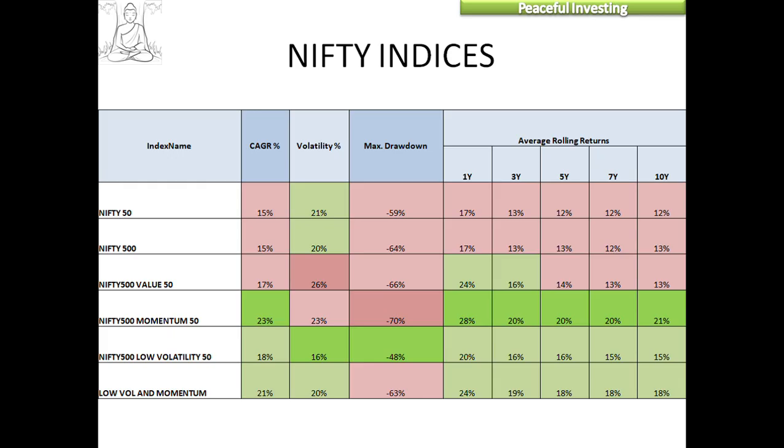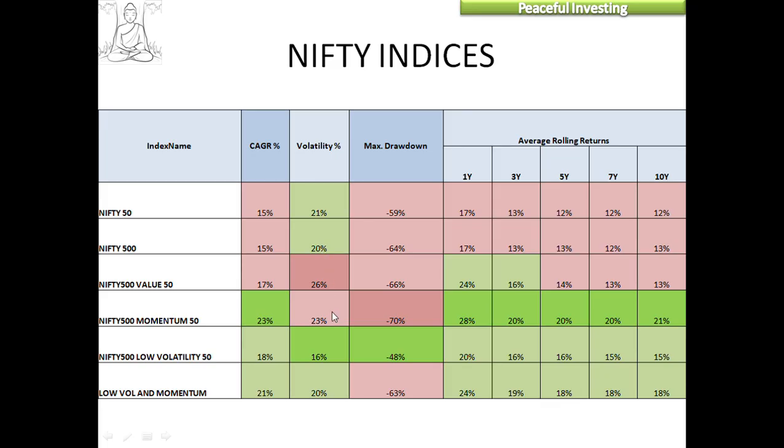Now let's look at if we can find something better. Let's look at the Nifty 500 Momentum 50 Strategy Index. The CAGR during the last 20 years is somewhere around 23%. The volatility, though slightly higher than Nifty 50 and 500, is much lower than Nifty 500 Value 50.